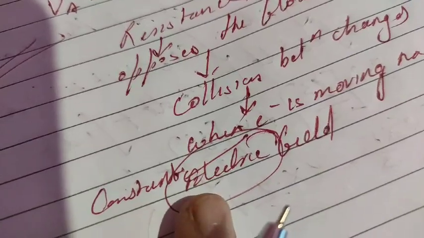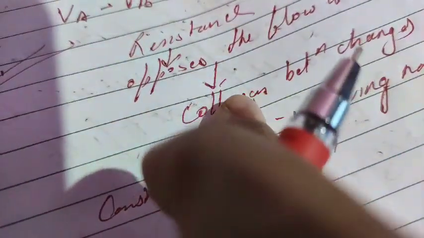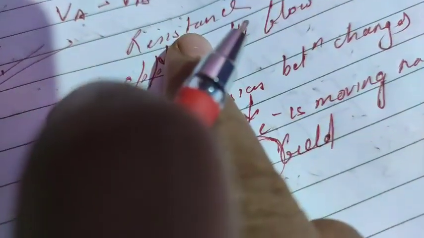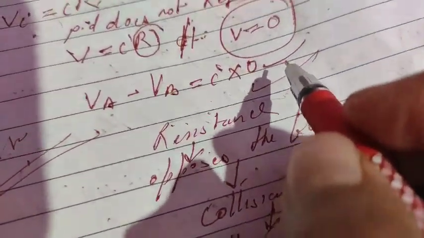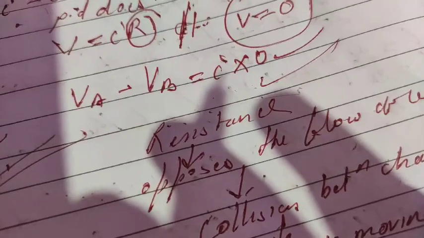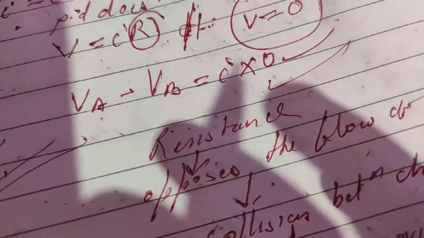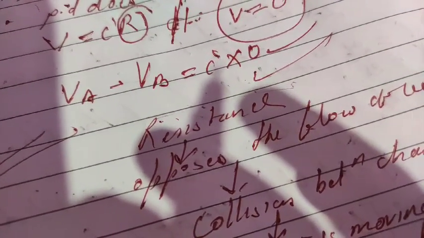Due to the constant manner, there is no collision. Due to no collision, no resistance. If there is no resistance, the potential difference is 0. So to have a potential difference, there must be some small amount of resistance created between two terminals. Clear to you? Okay, now we will move to the next topic.